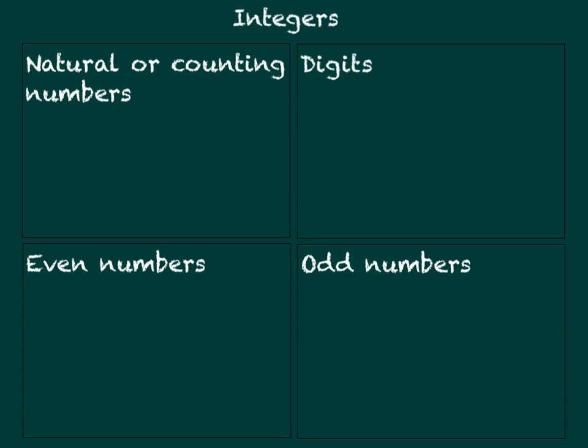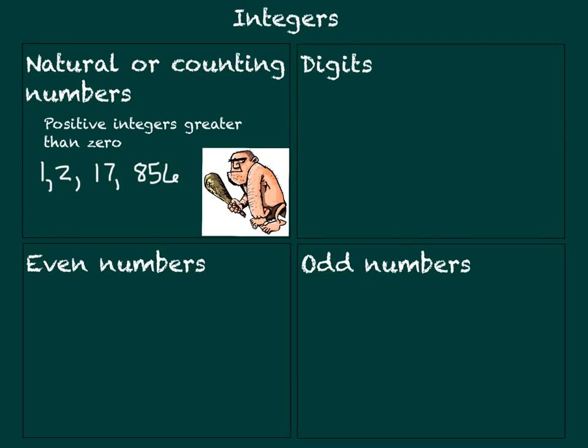So their counting numbers are 1, 2, 17, 47, all of the positive integers that are greater than 0. If you can physically count something that exists, like rocks, then it's a counting number or a natural number.